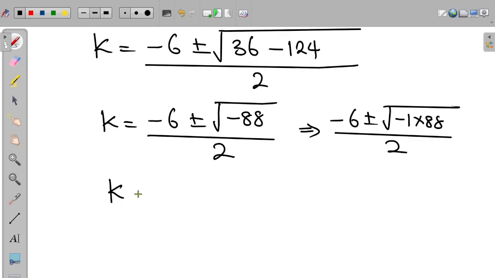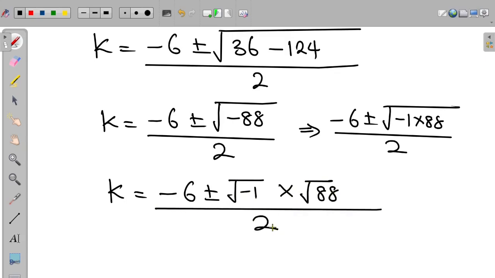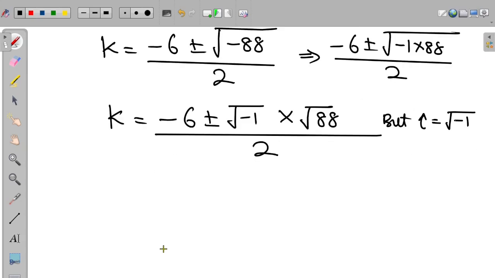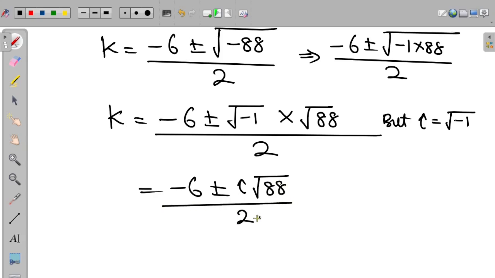So k is equal to minus 6 plus or minus root of minus 1 times root of 88 divided by 2. But recall that i is equal to root of negative 1. So now the equation becomes minus 6 plus or minus i multiplied by root of 88 divided by 2.